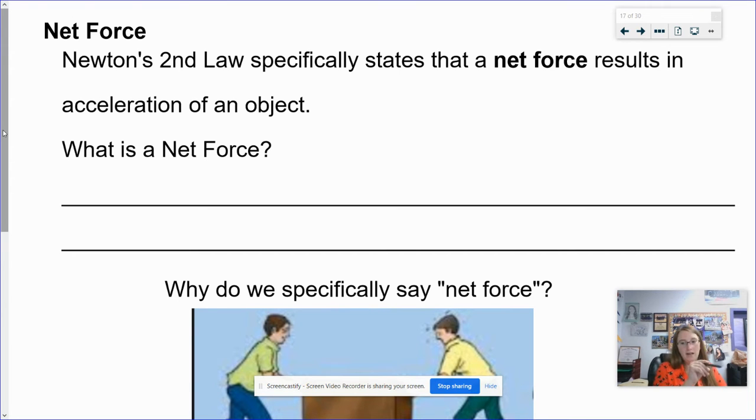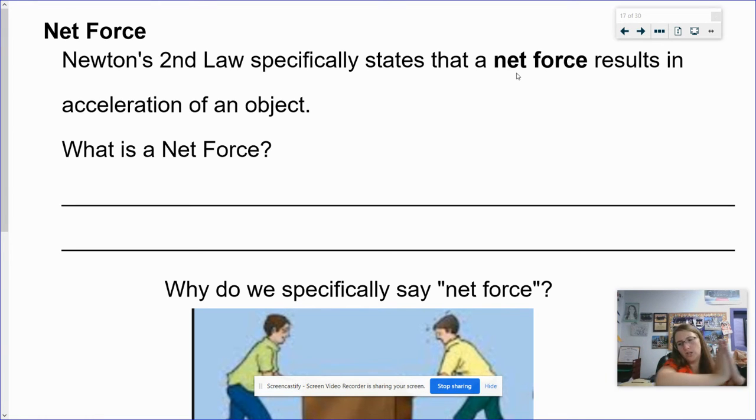We have gross pay, which is before taxes, and then net pay is after taxes are taken out. So when we're talking about a net force, we specifically mean taking into account if we have some positive forces and some negative forces, what is the actual direction of the net force? Kind of what's left over.